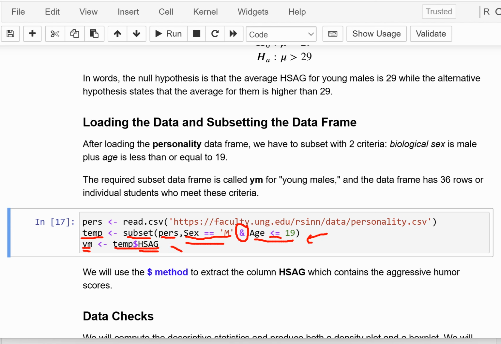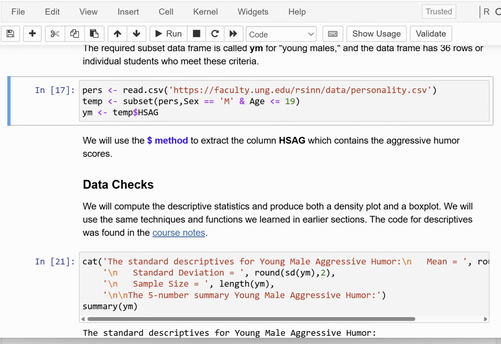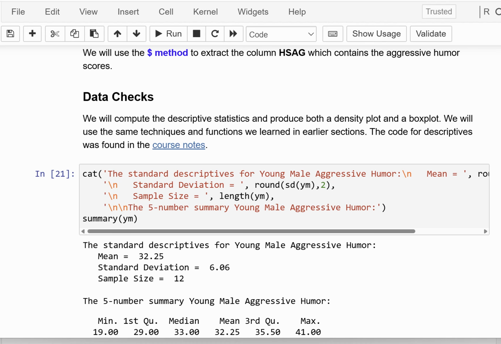And then from the young males only subsetted data frame, I pull out the aggressive humor scores. So YM is a numeric data vector that has aggressive humor scores in it, only for the individuals we're considering. Okay, data checks.